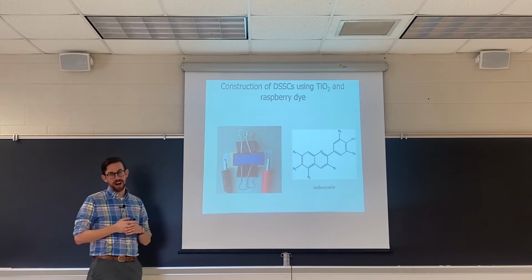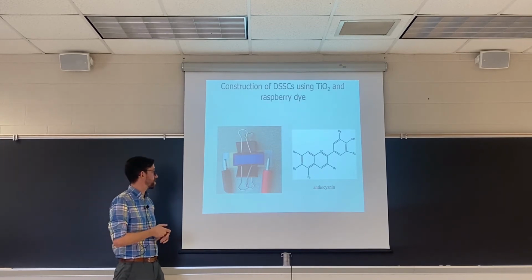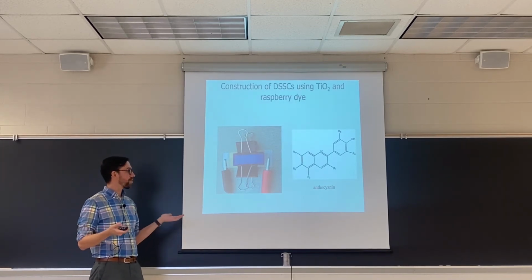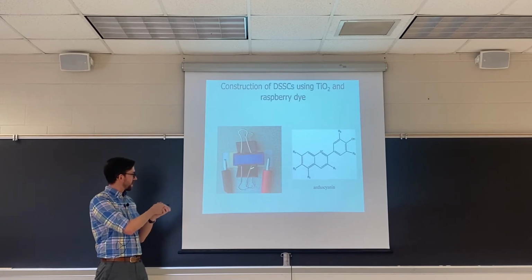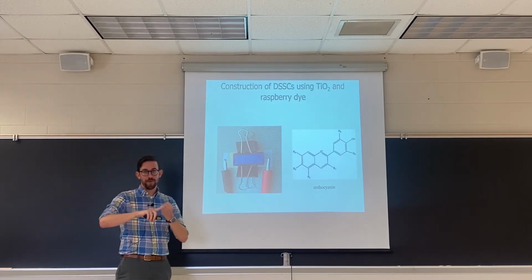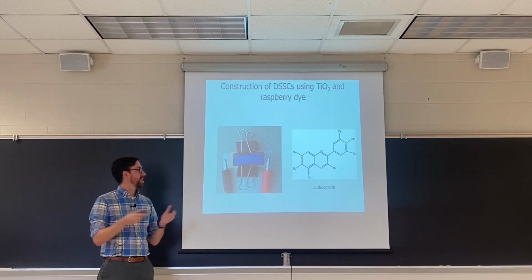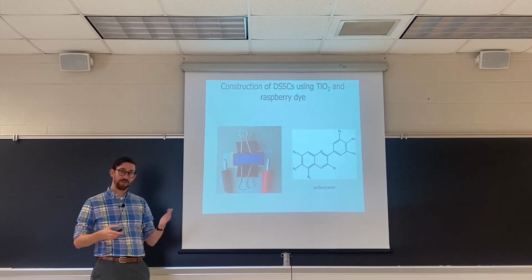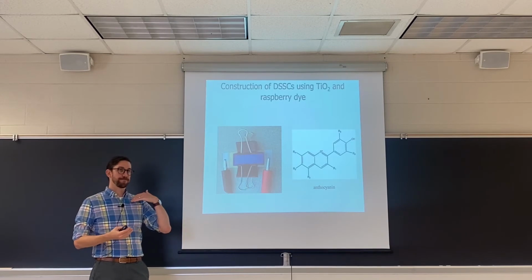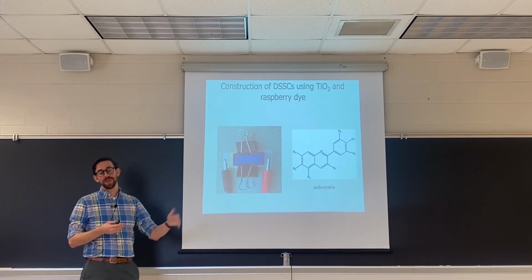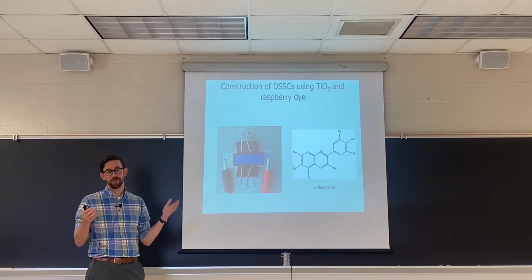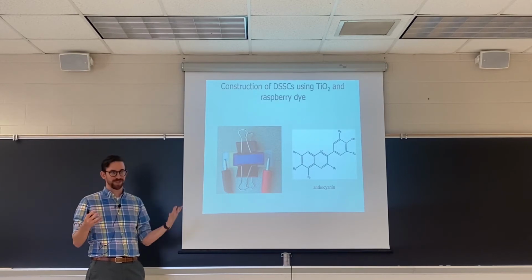We sensitize our devices with raspberry juice, and our research is looking at these devices, characterizing their performance and understanding all of the different kinetic processes involved, to make them more efficient so that we can actually get these out there and compete with the traditional solar panels that you think of when you think of a solar panel.